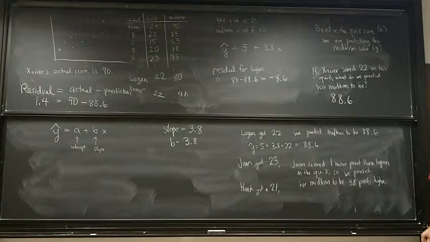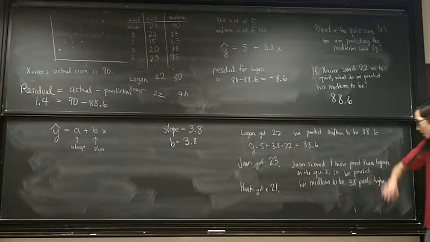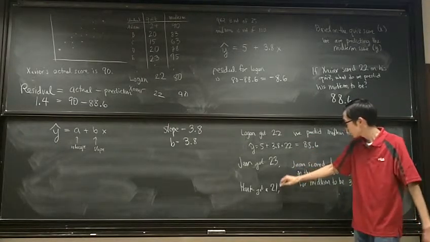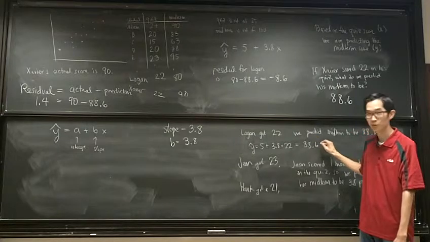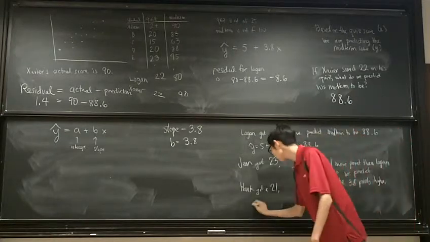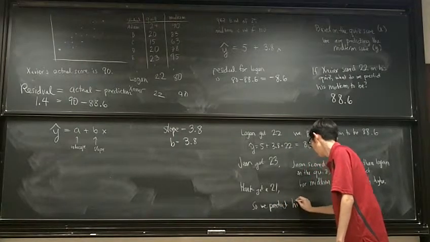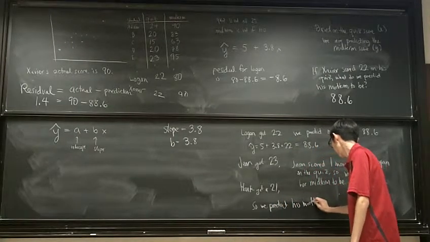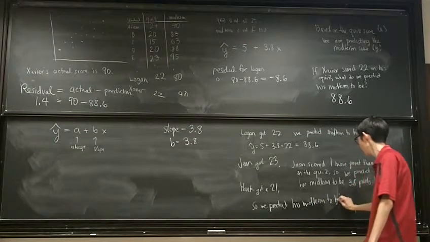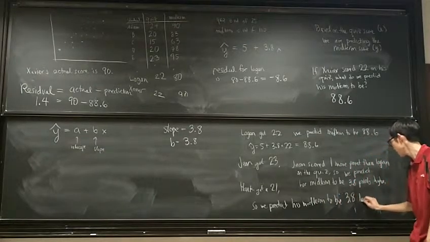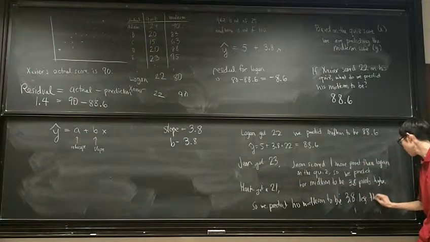What do we expect Hank's midterm score to be? 3.8 less than 88.6, right? 3.8 less than Logan's midterm score.